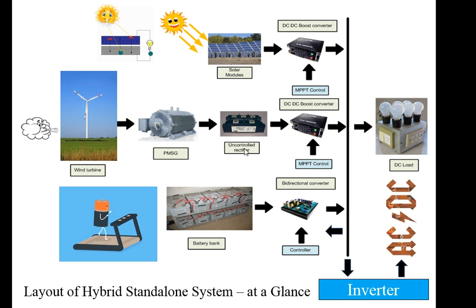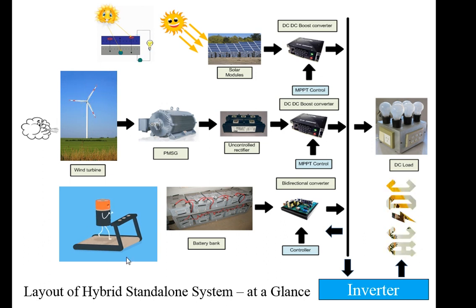Similarly, with the uncontrolled rectifier, we have the MPPT control with a DC to DC boost converter, and again we can feed the power into the DC bus, this black line. From that we can drive the DC load, and we have a central inverter facility, from which we can convert the power dumped in the DC bus into AC.